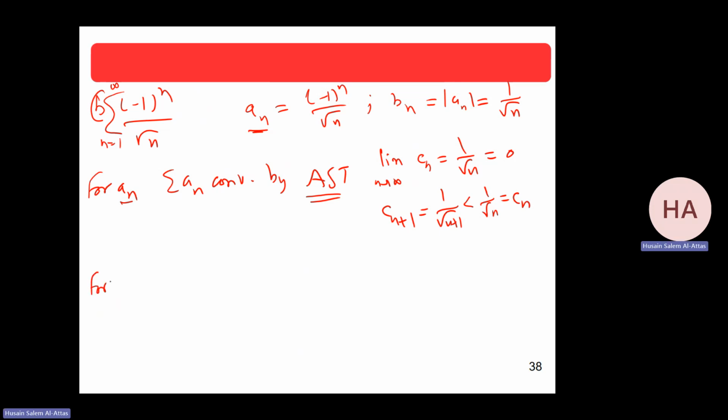Now for Bn, which is the absolute value of An, the summation of 1 over square root of n, this diverges. Why? It's a p-series with p equal to half, less than 1.